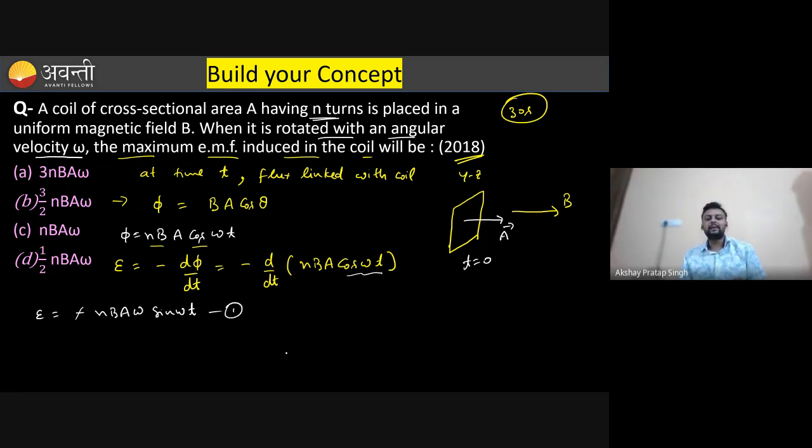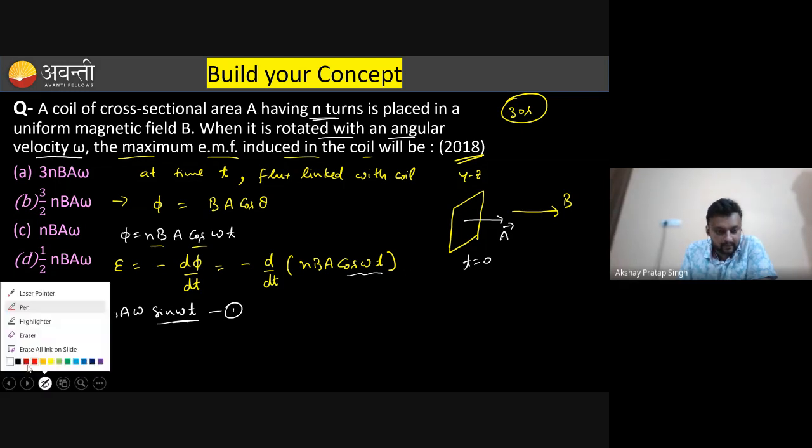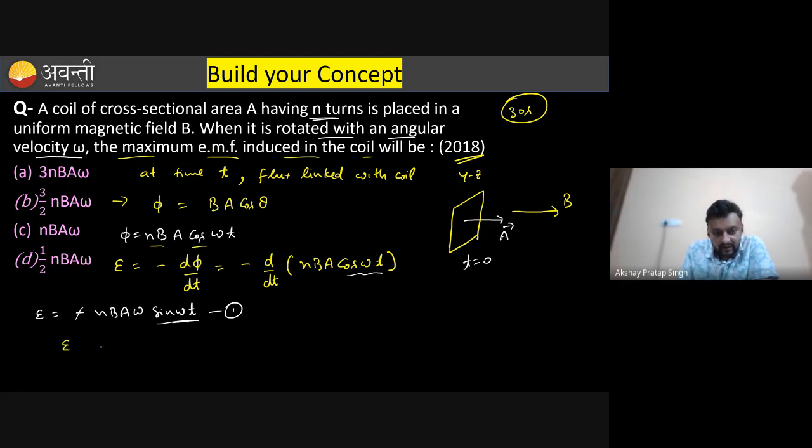They are not asking the EMF. They are asking the maximum EMF. So can you see that EMF depends on the term sine omega t? EMF will be maximum when sine omega t is maximum. Is this statement clear? And what is the maximum value of sine omega t?